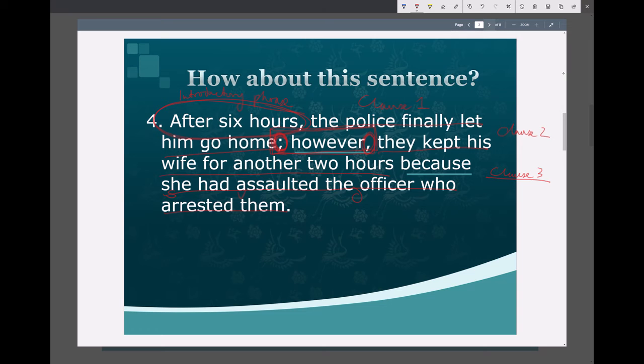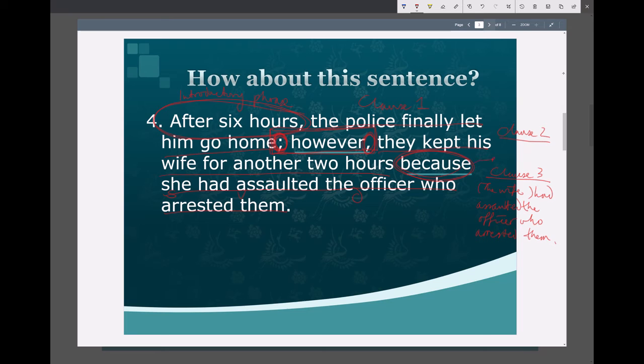Okay, so the wife, that's the pronoun she that is referring to, had assaulted the officer, and then the prepositional phrase, who arrested them. And the connecting word between clause 2 and clause 3 is the word because.